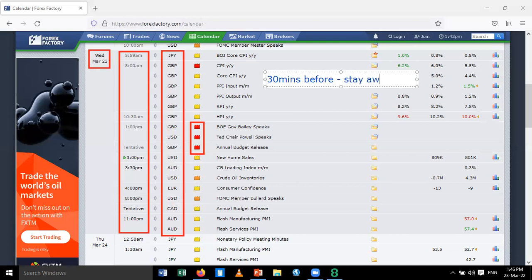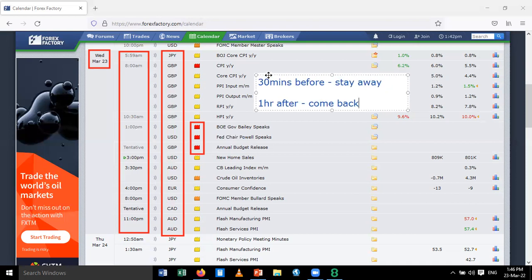Then 1 hour after the news has taken place, you can come back and trade that particular currency. 30 minutes before the news, stay away from anything that has to do with that currency. 1 hour after, you can now come back and trade it.